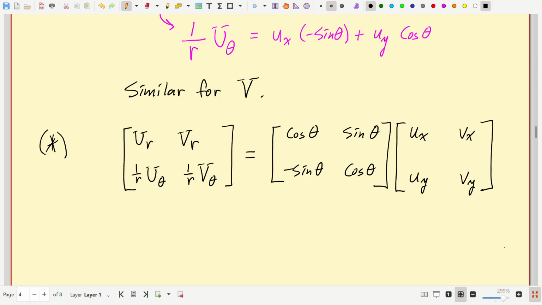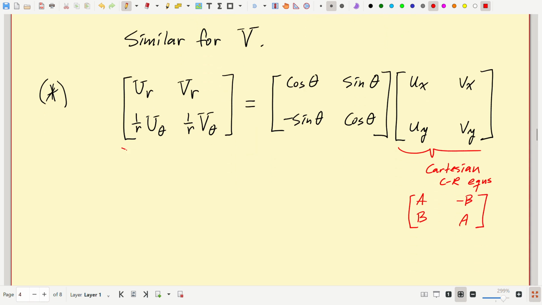And now you look at this for a second and realize there's something funny going on here. The Cartesian CR equations would mean this matrix looks like A, B, minus B. And the polar Cauchy-Riemann equations would mean that this matrix looks like alpha, beta, minus beta.